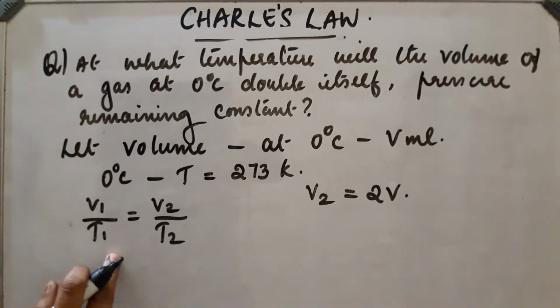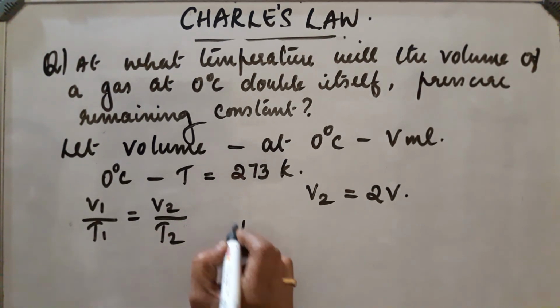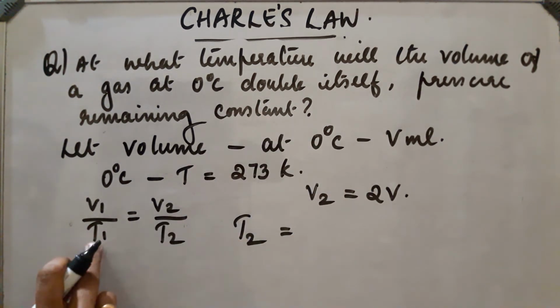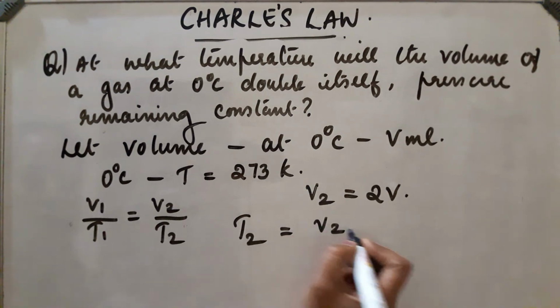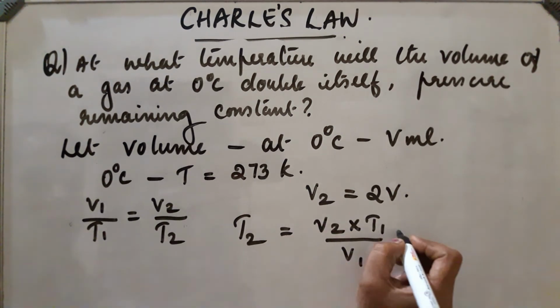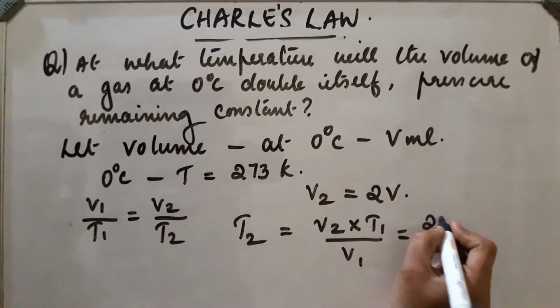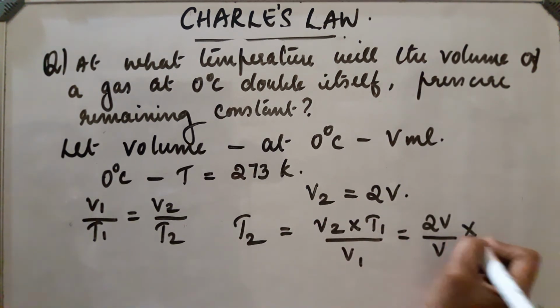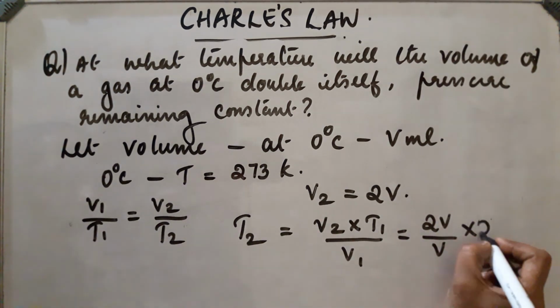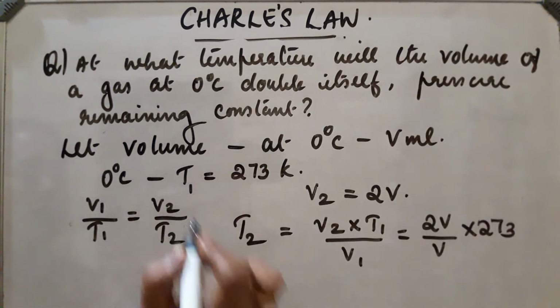So V1 by T1 is equal to V2 by T2. We have to find T2, the temperature at which the volume is double. So T2 will be equal to V2 into T1 by V1, which is 2V by V into T1. T1 is 273 Kelvin.